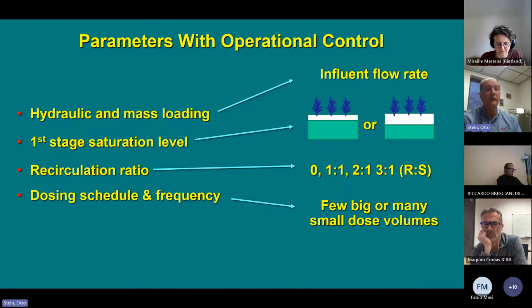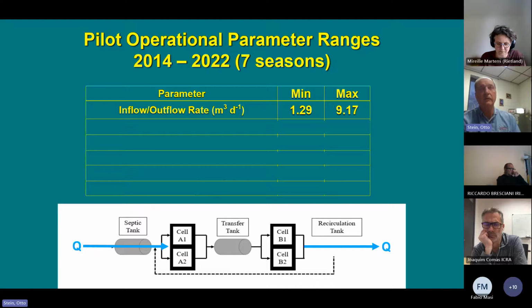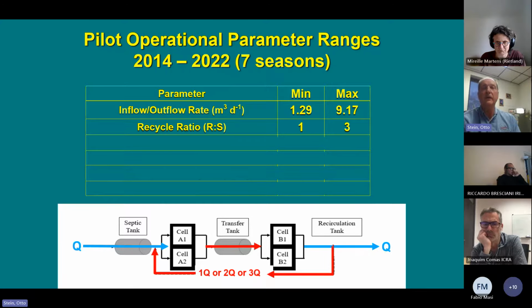Just to give you an idea of our overall performance up until this last season, these are the loading rates that we've done to the pilot system. You can see those. We've done 3 different recycle ratios. We've had hydraulic loading rates of somewhere between 5 and 60 centimeters a day.